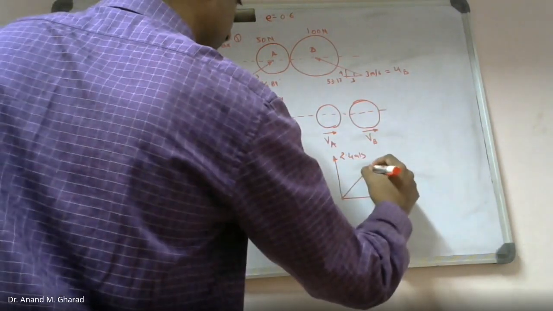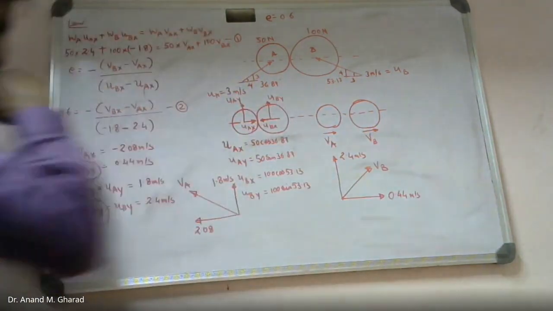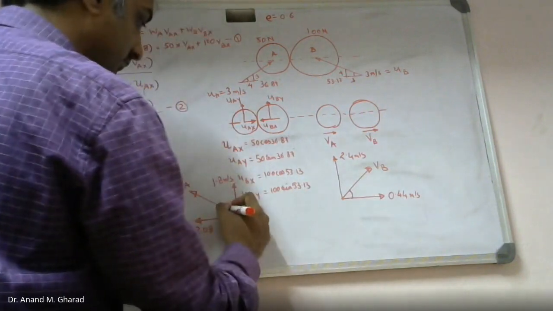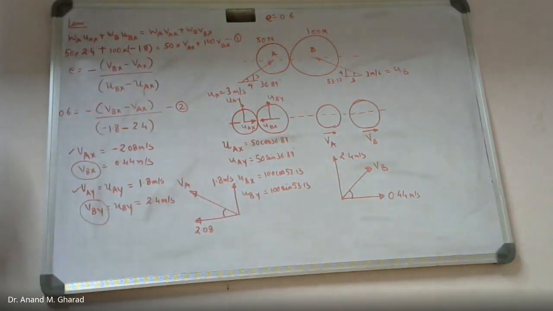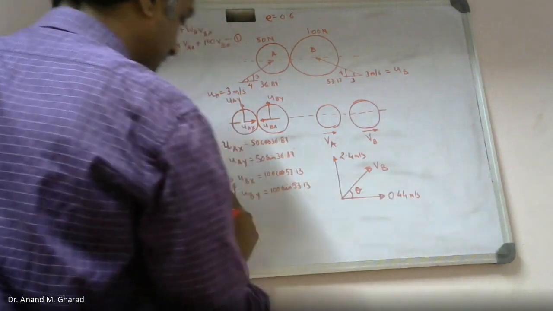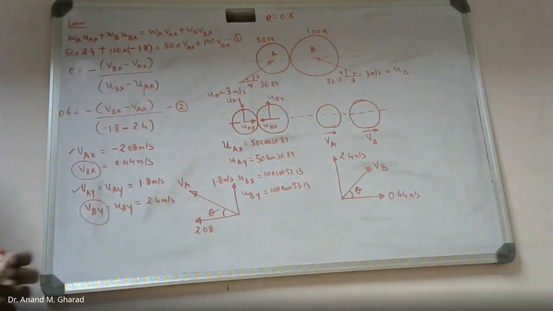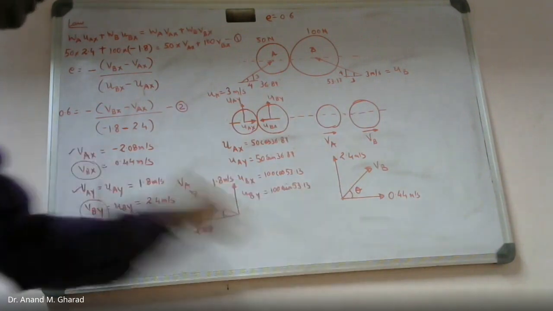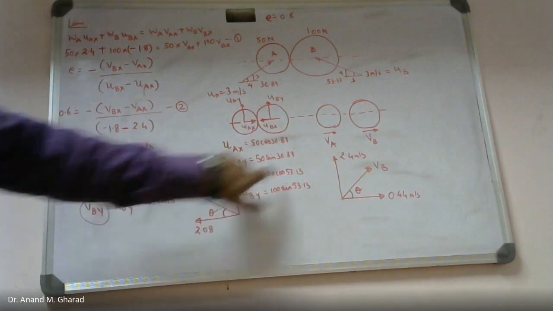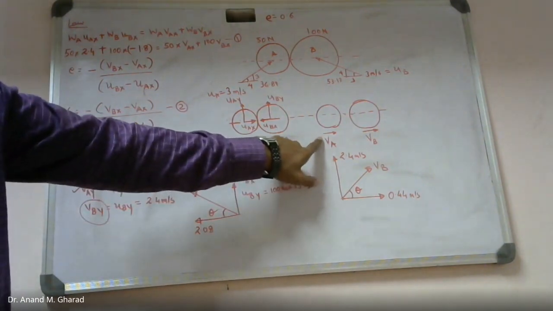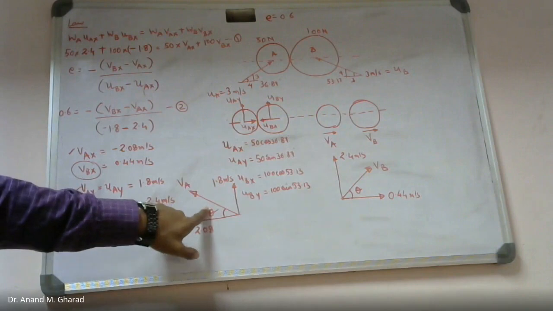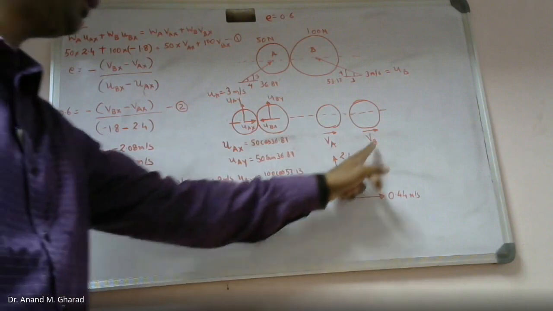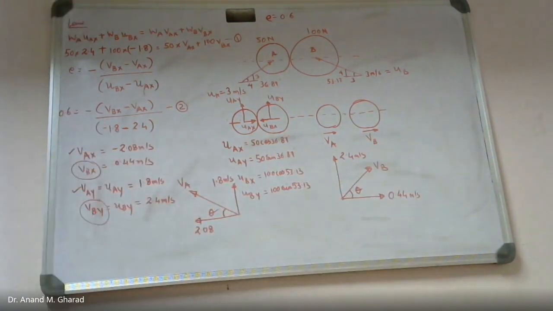From this you can get the resultant value of B. You know how to calculate the resultant, and since it is an inclined value, you are supposed to identify the associated angles. So this is how you are supposed to identify the final velocities, and from here, as you can see, my assumed direction of VA, which was positive, is not true. It is going to move in the opposite direction, in this direction, and VB will continue moving in the positive x direction.